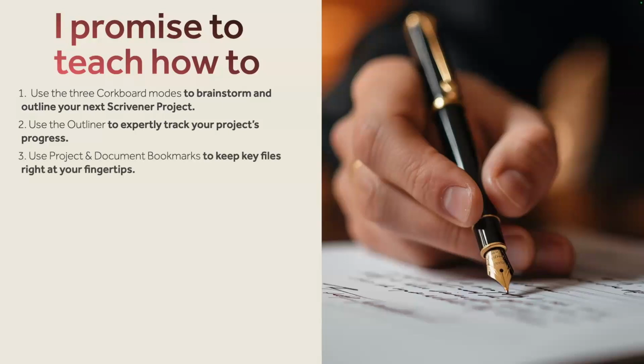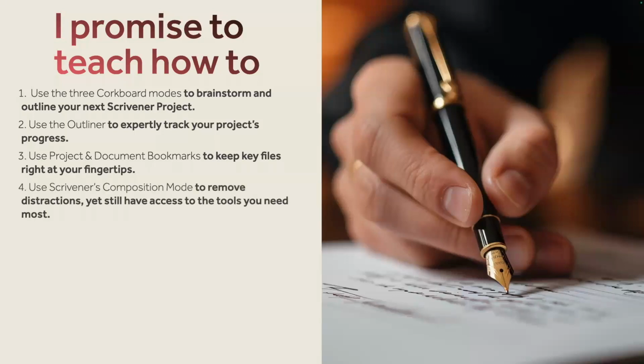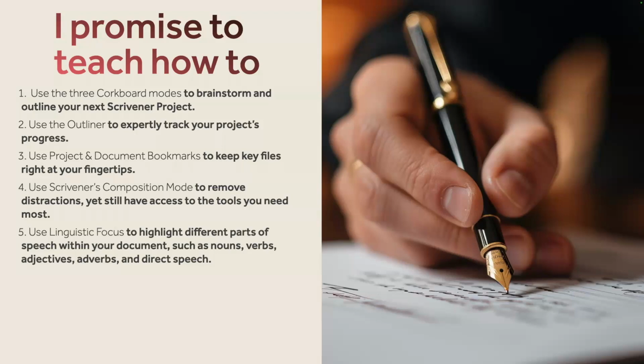Number 3, we're going to look at using project and document bookmarks to keep the key files right at your fingertips when you need them. Number 4, we're going to look at Scrivener's composition mode, how to remove distractions but still have access to the tools you need most. And 5, we're going to use linguistic focus or dialogue focus on a PC to highlight different parts of speech within your document, such as nouns, verbs, adjectives, adverbs, and direct speech.